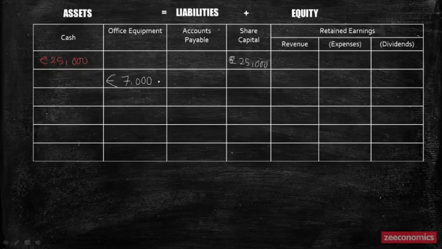But since now they are purchasing office equipment using someone else's money, remember, assets can be acquired by either using your own money, that is equity, or using someone else's money, that is liability. So in this case, the transaction caused liabilities to occur in the form of accounts payable for 7,000 euro. So there you go for transaction number 2.